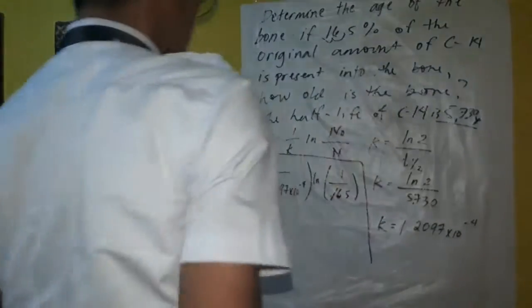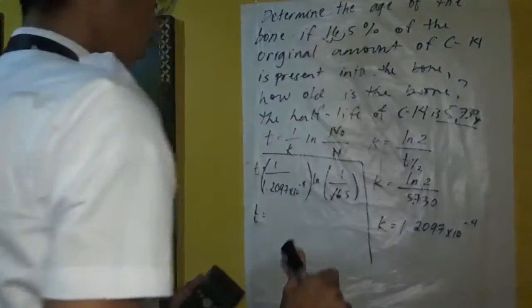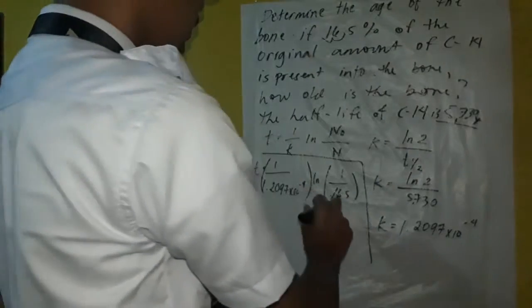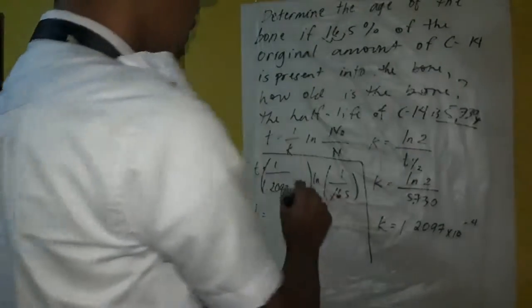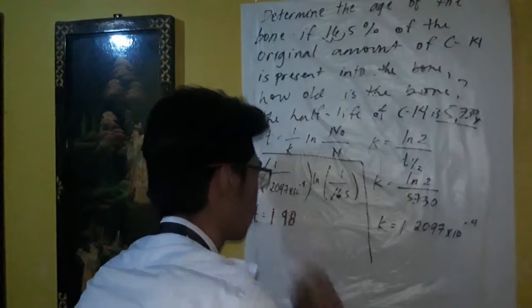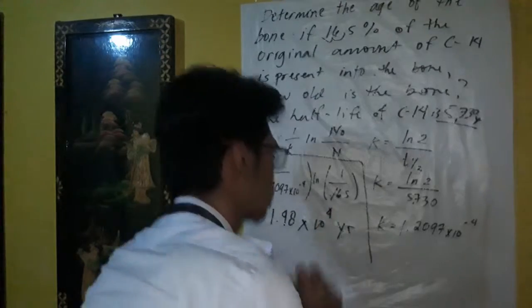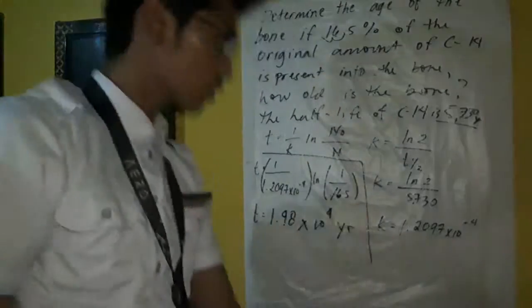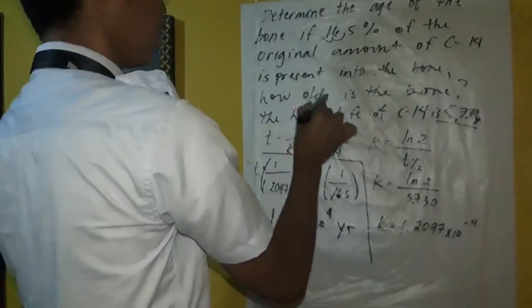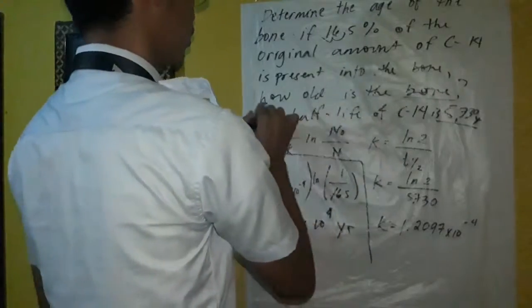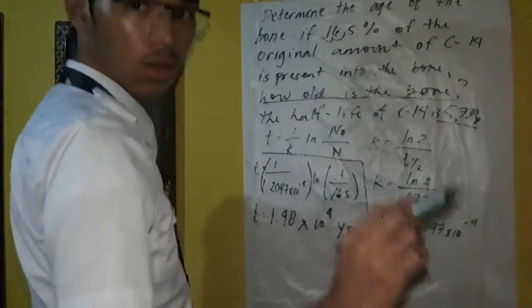So t, if you solve this in your calculator, the answer will be 1.48 times 10 raised to 4 years. So that's it. That's the age of the bone. That's how old the bone is.